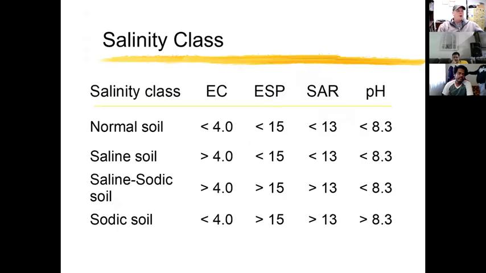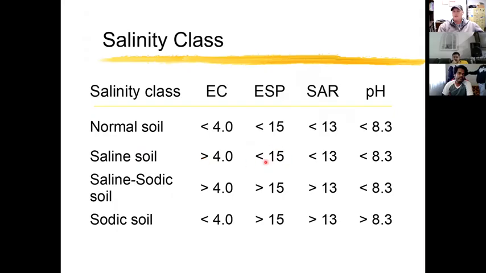Okay, so I think this is the part where we're going to review and maybe give you some examples, and we're going to determine the salinity class. So remember, normal is EC less than 4, ESP less than 15, SAR less than 13, and the pH is less than 8.3. If we've got a saline soil, we've got a high EC.